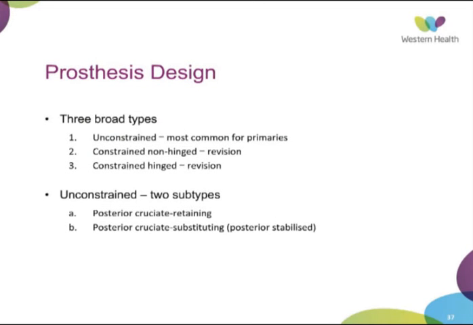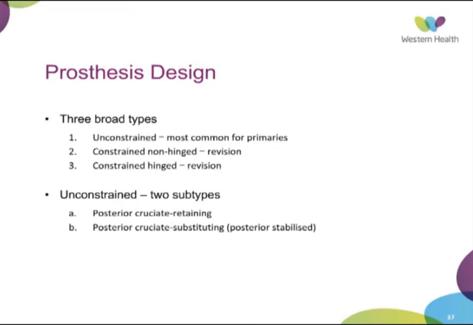So moving on from the technical considerations of carrying out the operation to actually looking at the prosthetic design. There's three broad types of knee replacement. There's unconstrained knee replacements, which are the most common ones we see for primary knee replacement. And then there's also constrained non-hinged knee replacements, as well as constrained hinged.